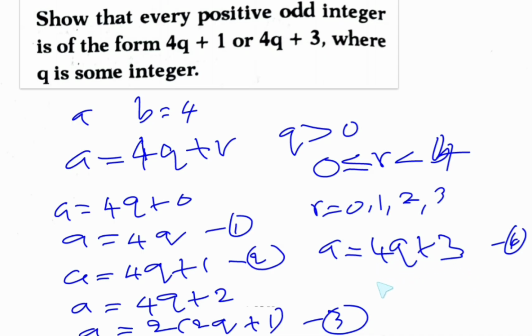That means we can write this 4q plus 3 as 2 into 2q plus 1 plus 1, because 2 into 1 is 2, and 1 is there, so 3.